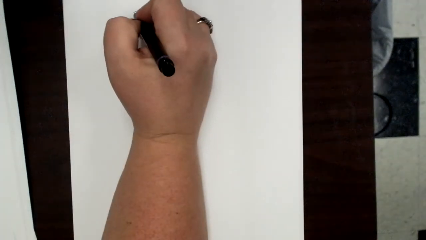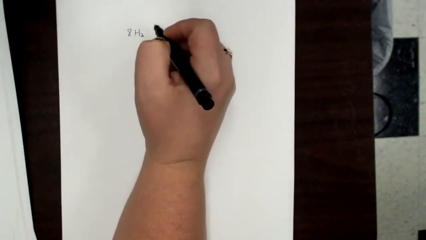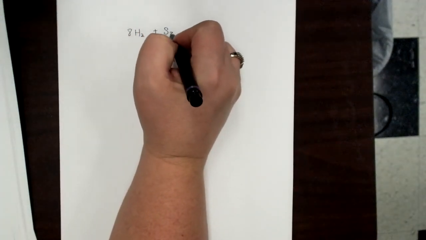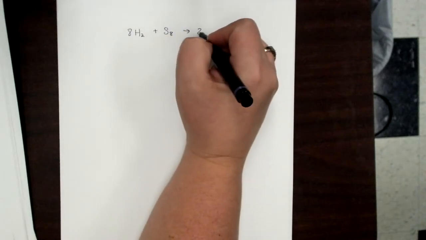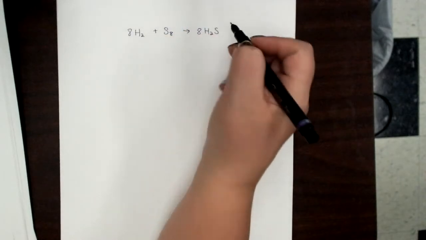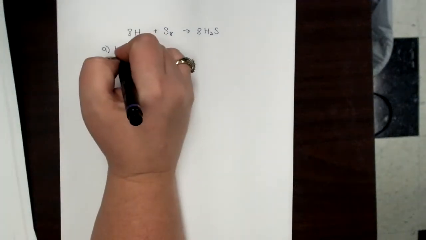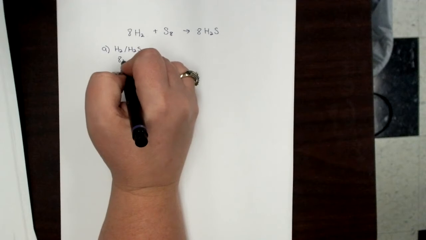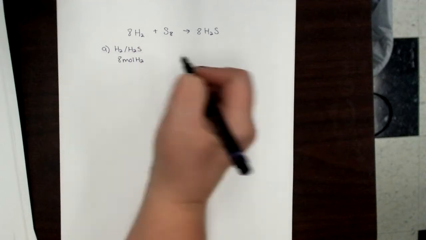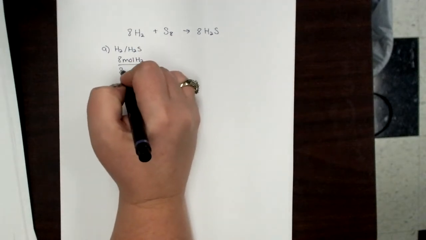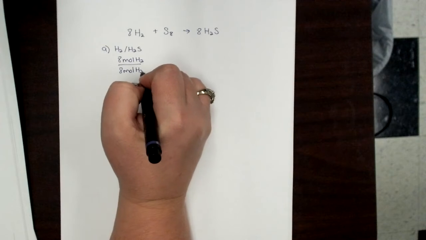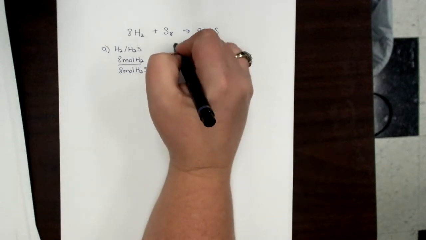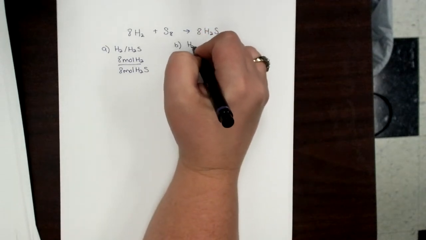For number 2, they give us 8H2 plus S8 yields 8H2S. So for A, the mole ratio of H2 to H2S would be 8 moles of H2 to 8 moles of H2S. Then for B, it was H2 to S8.